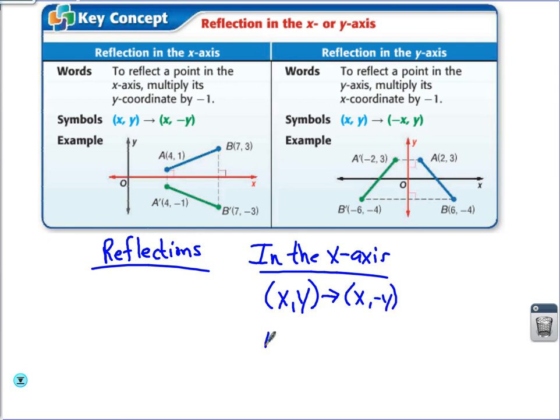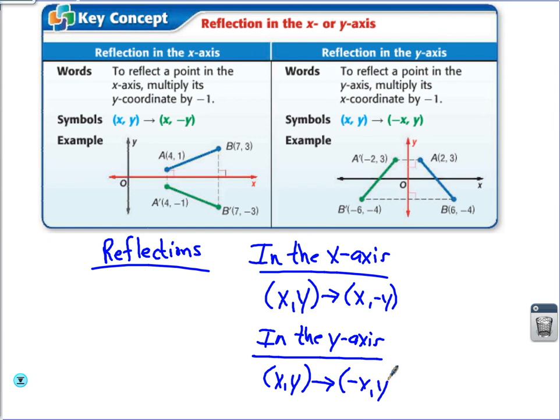And in the y-axis, your rule is (x, y) turns into (-x, y). So as you're finished writing these down, if you want to reflect something across the x-axis, look at this first rule.